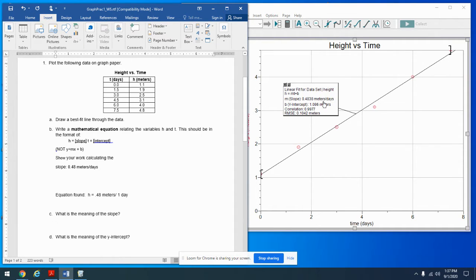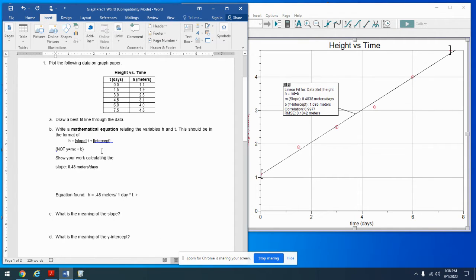And then times time, not x. So this whole thing right here, that's the slope. Including those units are part of the slope. Those are the units of the slope. And then I'm going to put a little time symbol just so it's real clear. Times t. This is like that thing that instead of x, we have t here as our horizontal variable. And then I'm going to put a couple spaces there.